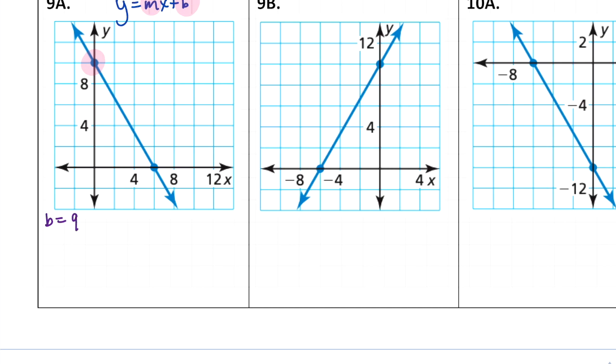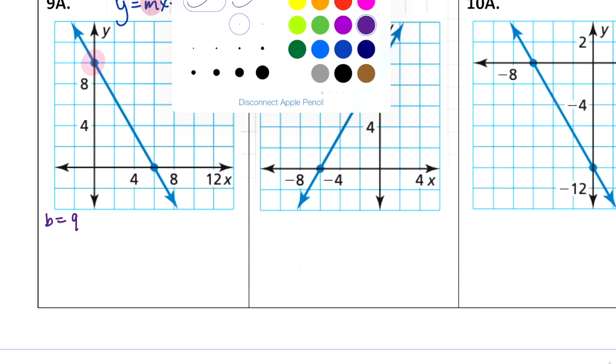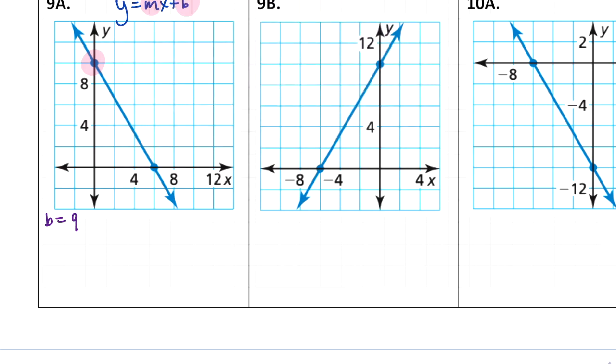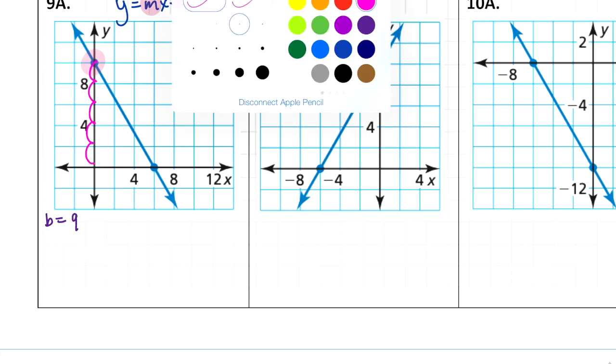Let me figure out what the slope would be. Now, remember, we are going rise over run, so I have to figure whether it's going up or down. And I'm reading my graph left to right. Okay, a lot of times students will go right to left and get the opposite of what they're looking for. And in this case, I'm going to go down 1, 2, 3, 4, 5. Let's see.